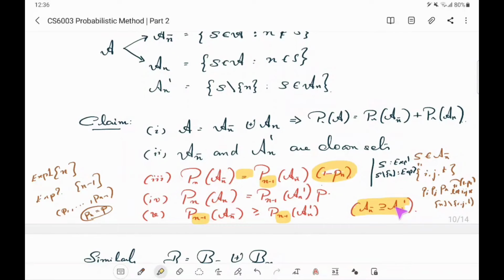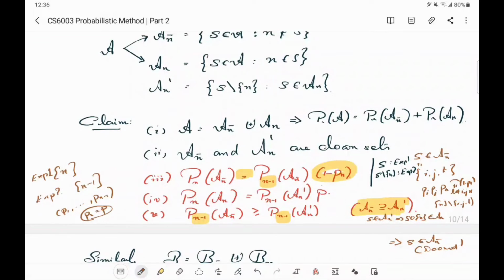Why? Because if S is in An prime, that means S union n is in An without the prime by definition of An prime, and that would mean S is in An bar by downset property.